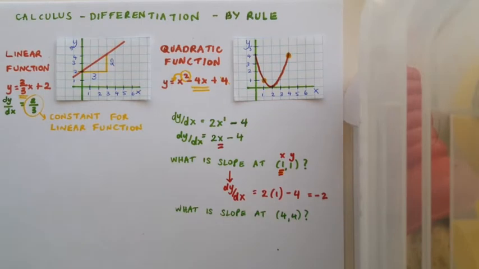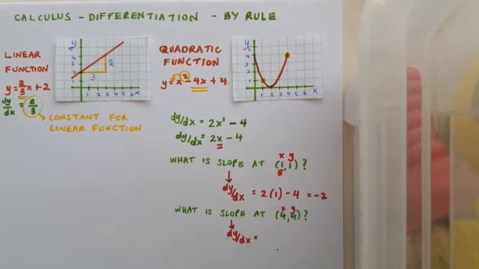You'll see that I've marked in now on my quadratic the point 4, 4. 4, 4 is also on this quadratic. And I'm asking the question, what is the slope at 4, 4? So again, if I'm being asked for slope, that's really asking me for the derivative. So I want to find dy dx. I know that my point 4, 4 is made up of an x part and a y part.